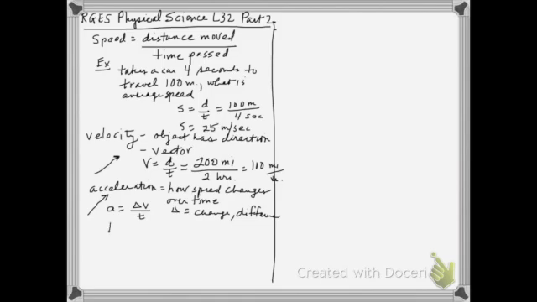So here's an example. A van, let's say it moves at 10 meters per second. So that's its velocity. It's moving in a certain direction. And it accelerates to 30 meters per second.